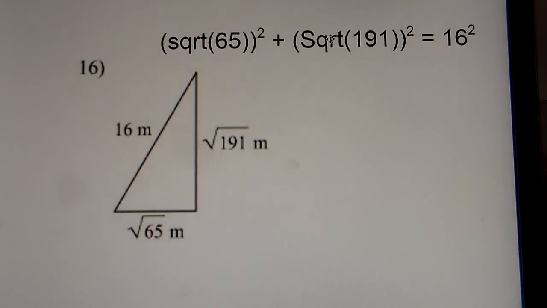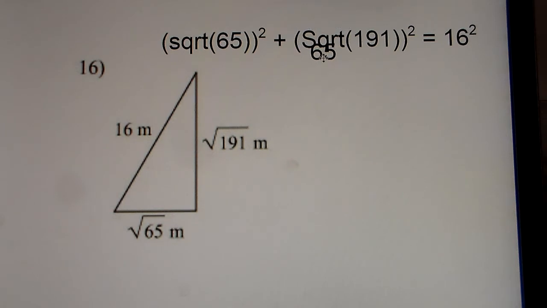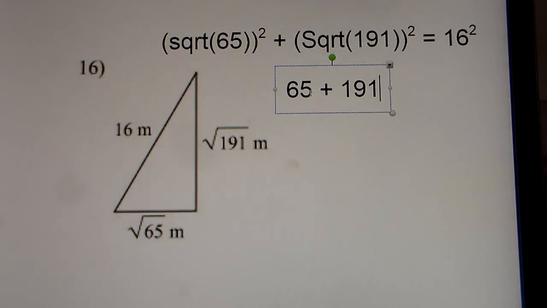Make that all in one line. Cool. The square root of 65 squared is just 65. So we're going to have 65 plus 191, and 16 squared.